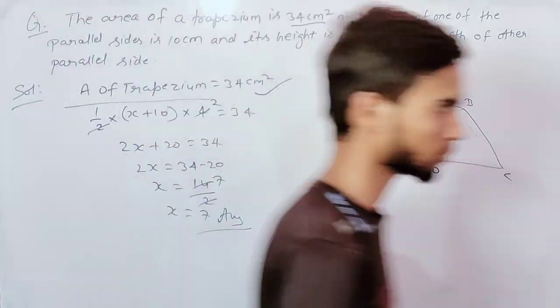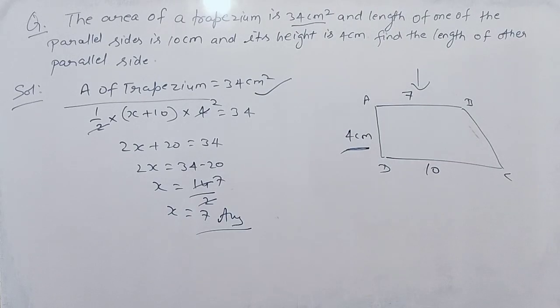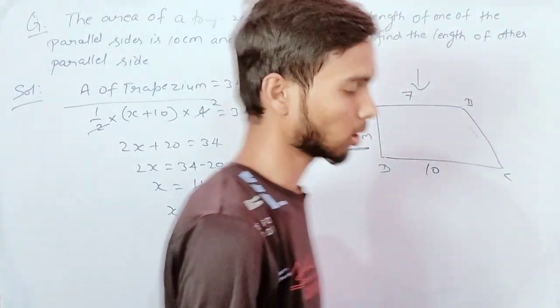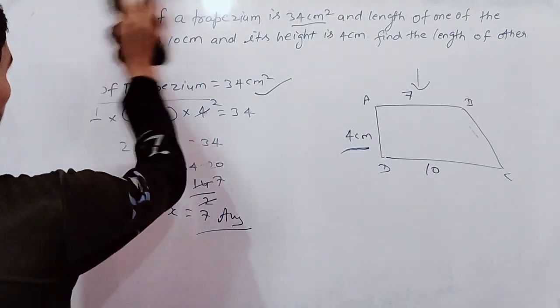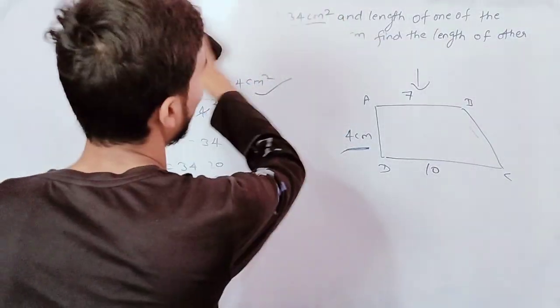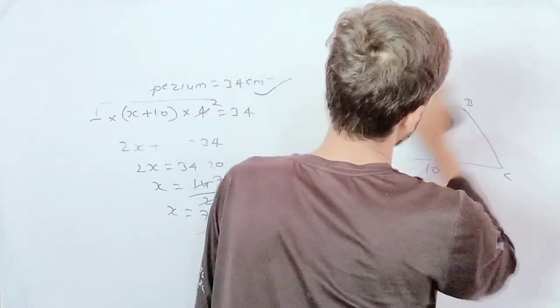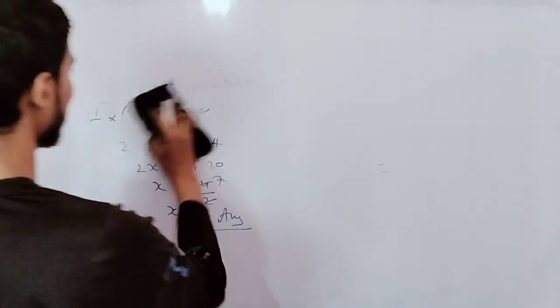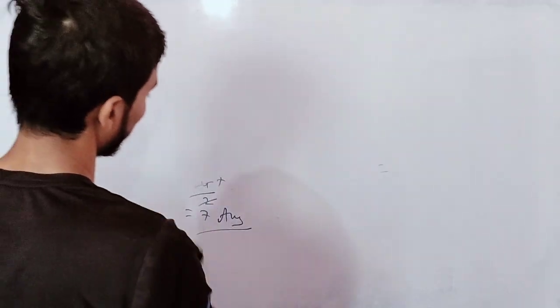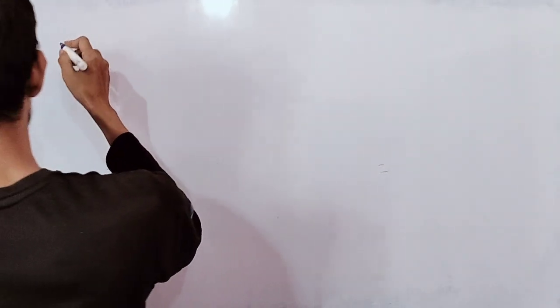Now next. Next is how to find the area of a general quadrilateral.